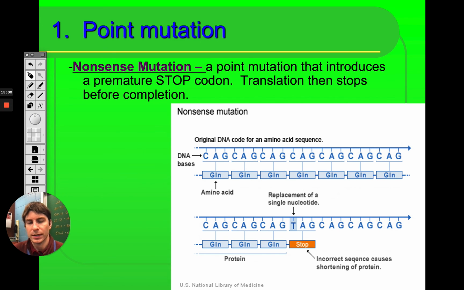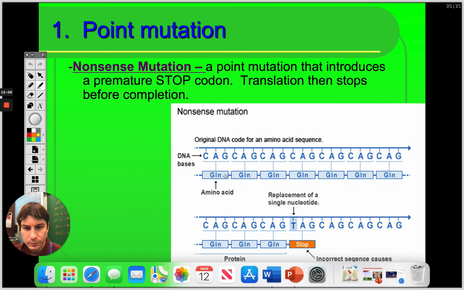Our second one, this is still a point mutation, but it's called a nonsense mutation. So what happens here is we're transcribing and translating, everything is good, and then all of a sudden we have a change in that DNA sequence. And just like anything else, guys, we always want to go left to right, just like you're writing.